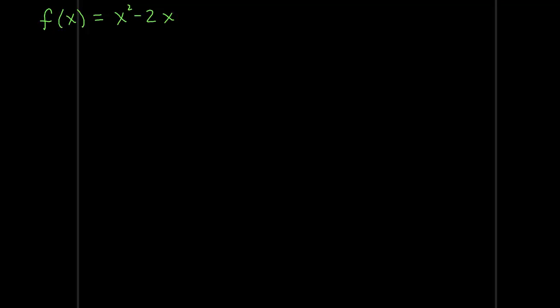Now, finding the high point or low point on graphs like this was something we probably started doing back in Algebra 2, where we recognize this is a parabola and we want to find the vertex. And one of the ways that we can find the vertex is by completing the square. So we might have done an exercise like this. We take the x squared minus 2x, take half of that negative 2, square it, and you add a 1.